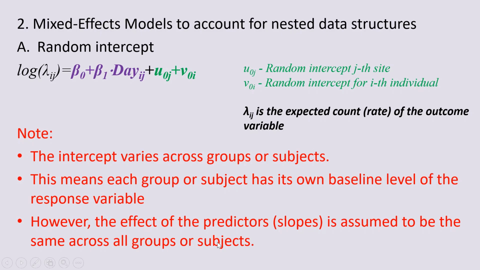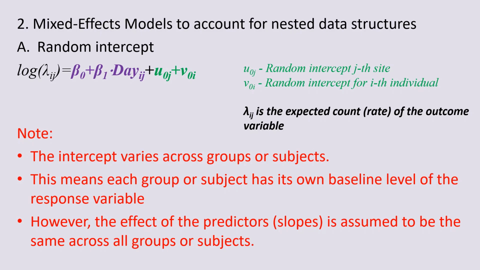However, the effect of predictors or slopes is assumed to be the same across the groups or subjects. So if we have other predictors like sex, age, educational level, disease, or duration of symptoms, it assumes that the rest of the predictors are also fixed. So that's why we can't use this model right now.